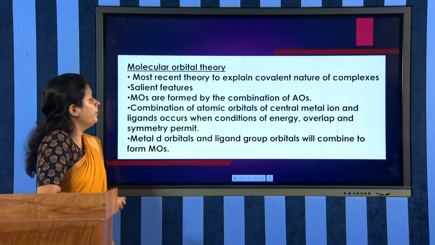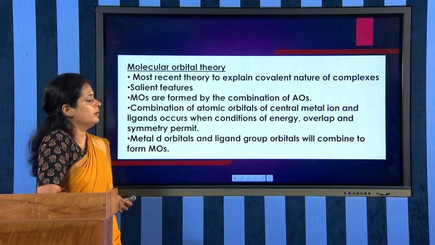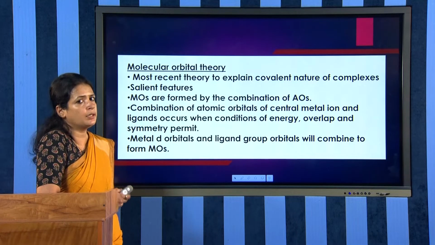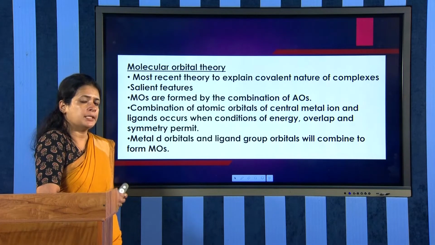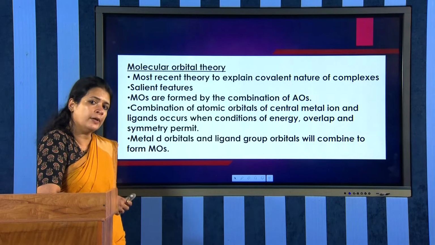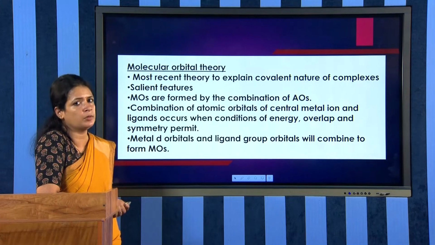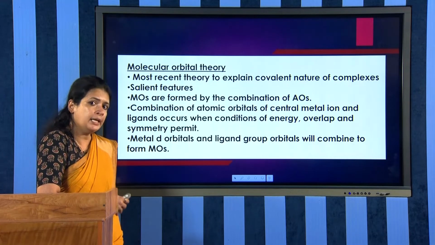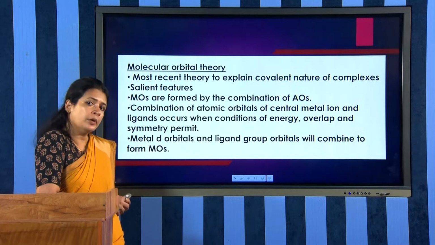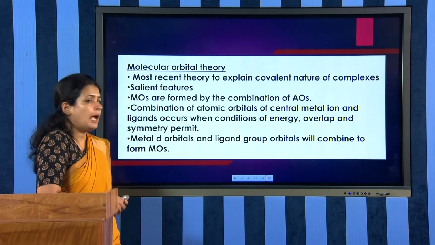Which components are involved here? We have the central metal atom and ligands, so we have to consider the atomic orbitals of the central metal atom and ligands.